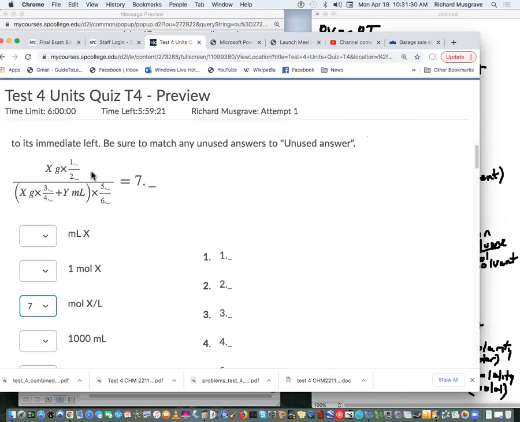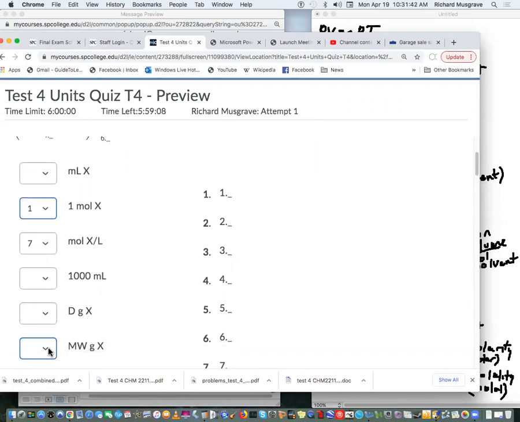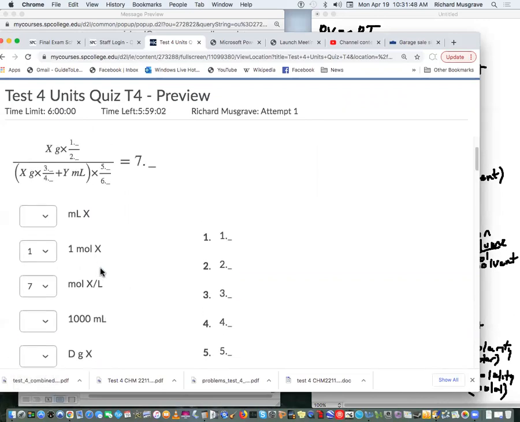And here, if you're looking for molarity, then you need moles on top. So 1 must be 1 mole. And 2 must be the molecular weight of X. There it is, that's the molecular weight, so that's going to be 2. Down here, we need the total volume, so 3 must be a volume.